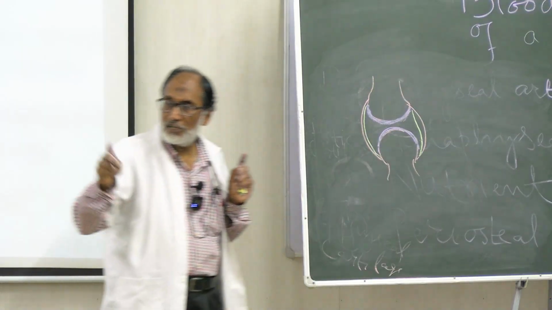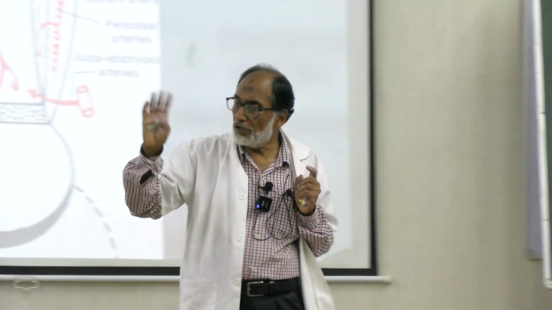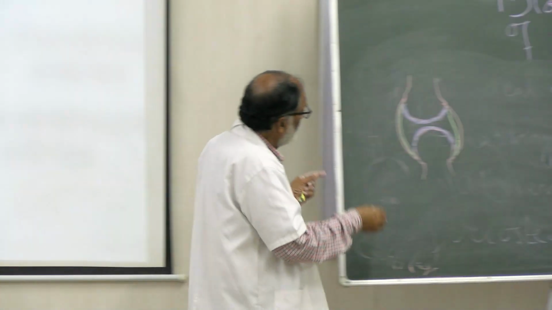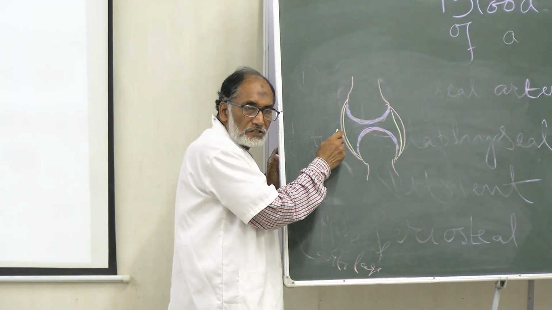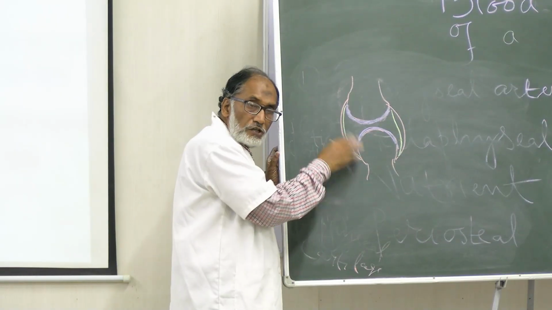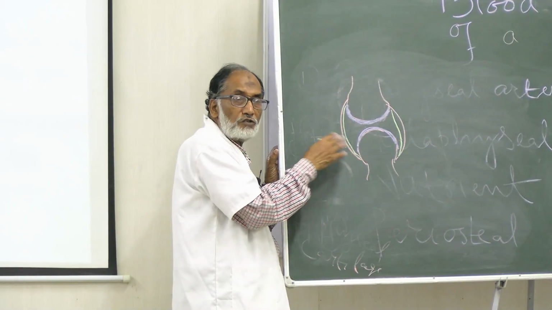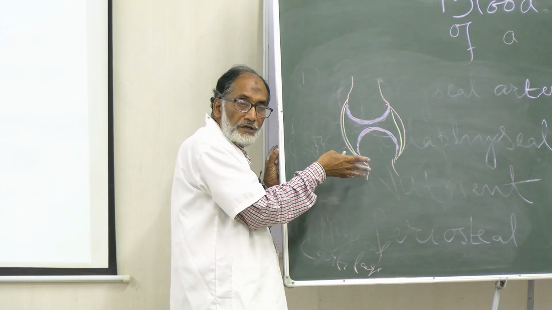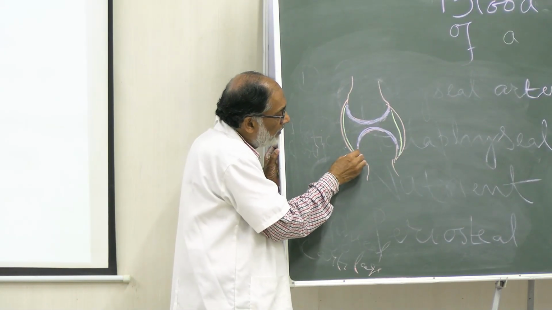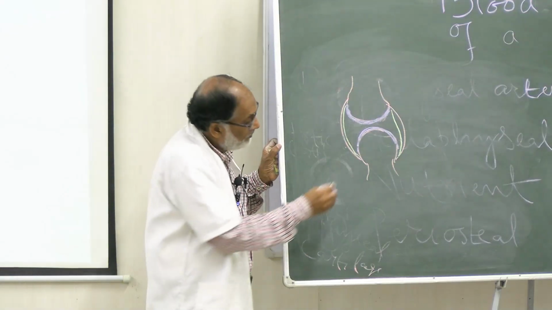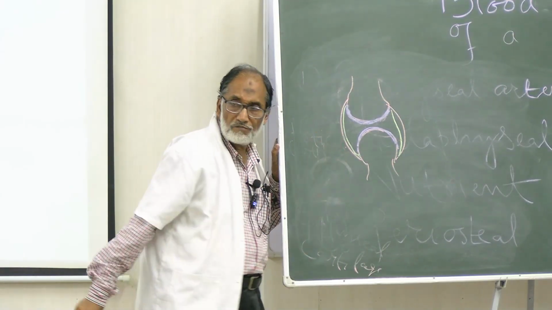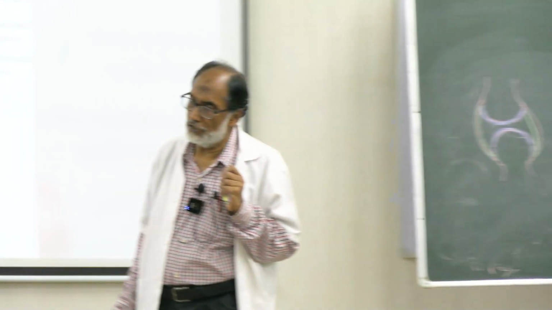So articular cartilage gets its nutrition from the synovial fluid, as well as there is a plexus, synovial plexus. Here is a plexus of vessels. That plexus is contributed by epiphyseal artery. That plexus near the margin also supplies the articular cartilage.